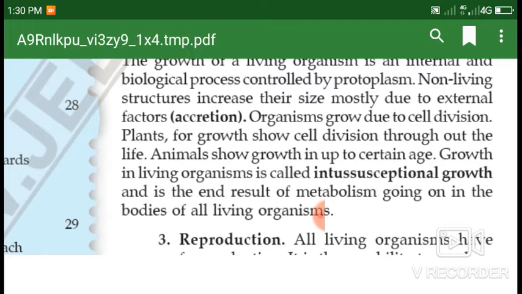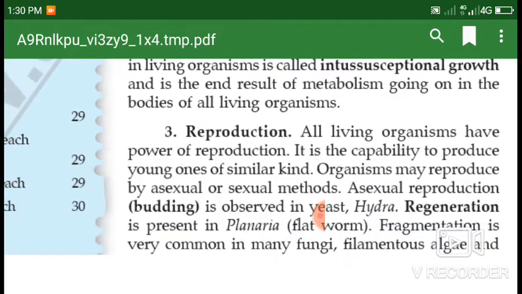Growth in individuals is called endosusceptional growth, as it is the end result of metabolism going on in the bodies of all living organisms.